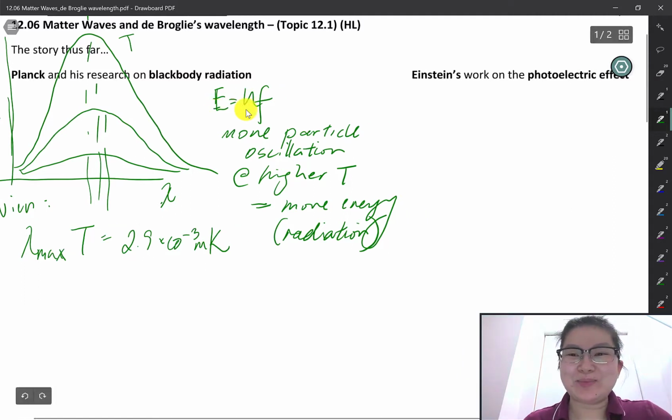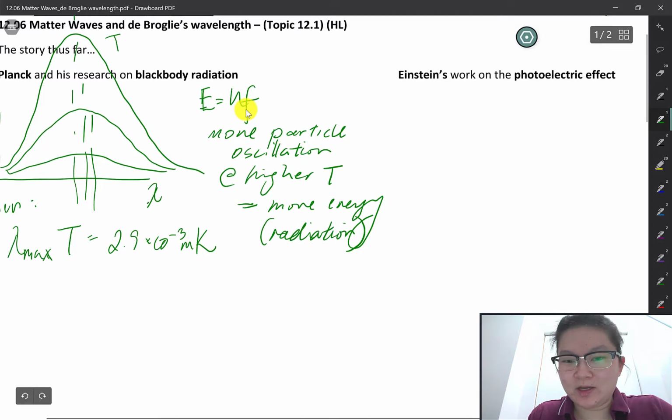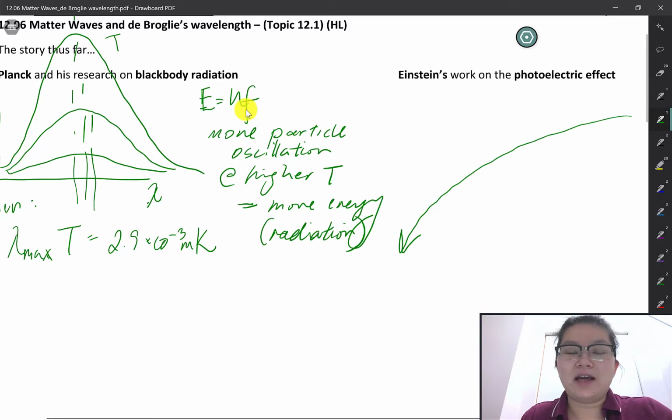So next comes Einstein and his work on the photoelectric effect. As of course you know already, Einstein found that for an electron to be ejected off a metal surface is independent of the intensity of a light wave, but instead had to do with the frequency of the light he used.